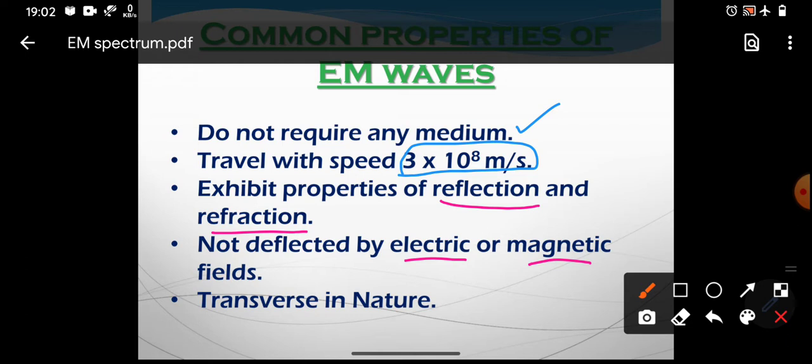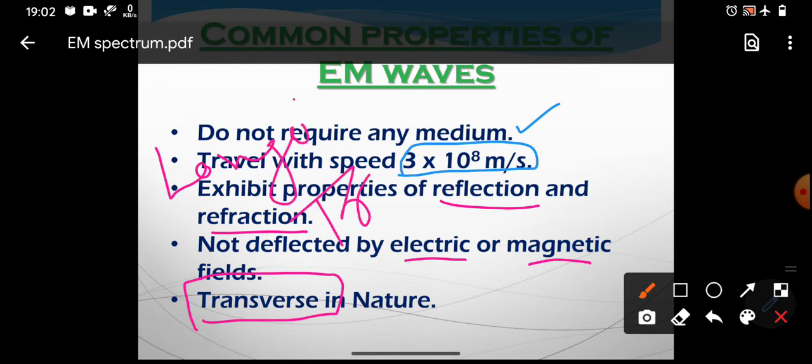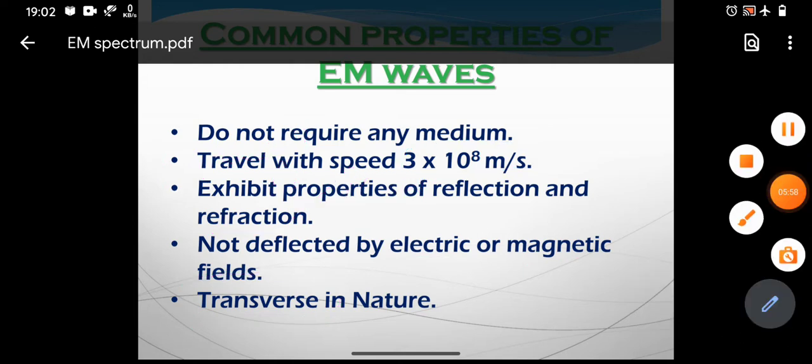Then they are transverse in nature. There are two kinds of waves that we have studied in our standard 9th sound chapter: one is longitudinal and one is transverse. Once again I will tell what is longitudinal and what is transverse.